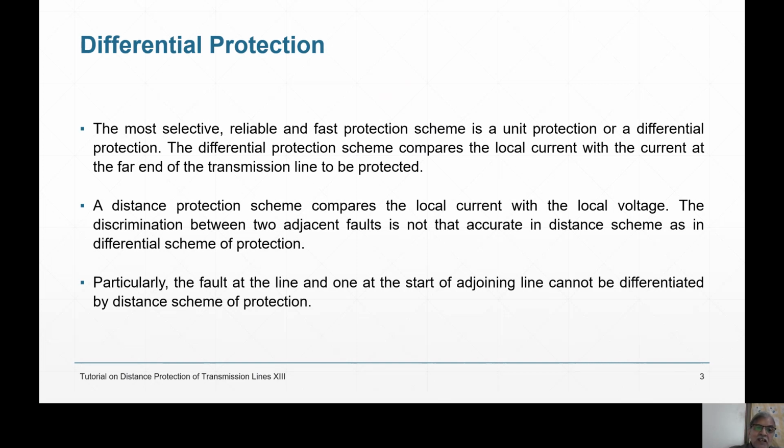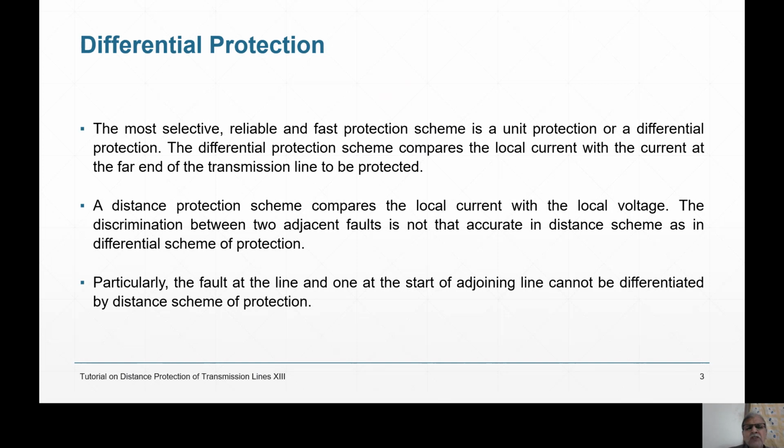And therefore, you see, the portion between the two cities is the zone of protection. Therefore, if the fault is just 100 meter inside, say from the far end city, if the fault is 100 meter inside the zone, then it is sensed, and 100 meter outside the zone or 50 meter outside the zone is not sensed.